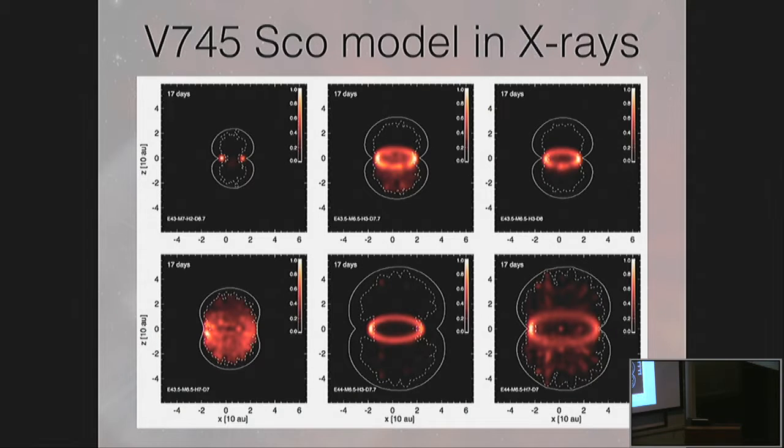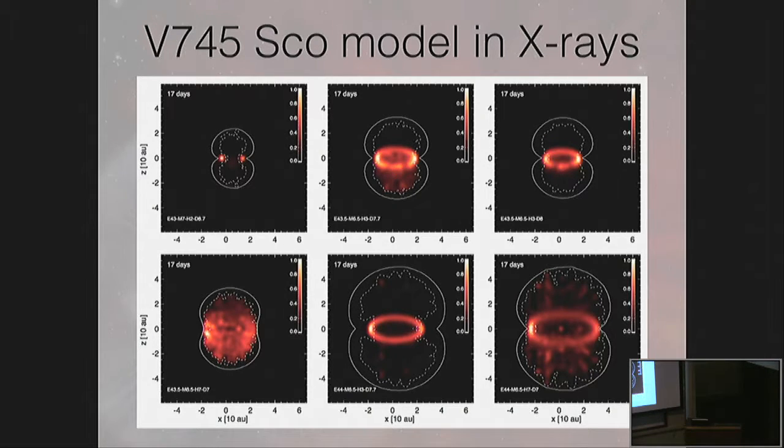synthetic X-ray. We did as many of them as we could, and they produced different X-ray morphologies. Some of them have this ring-like structure, which is produced by the equatorial density enhancement.